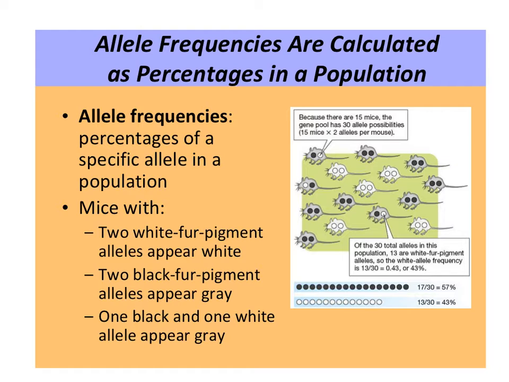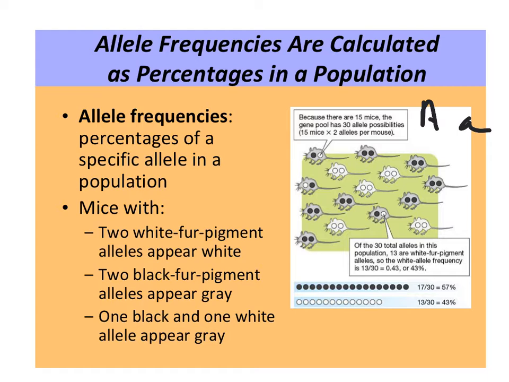Let's say we wanted to actually count or calculate percentages of a population. We've got two alleles, big A and little a. Big A is the dark allele, the black allele, and little a is a white allele.